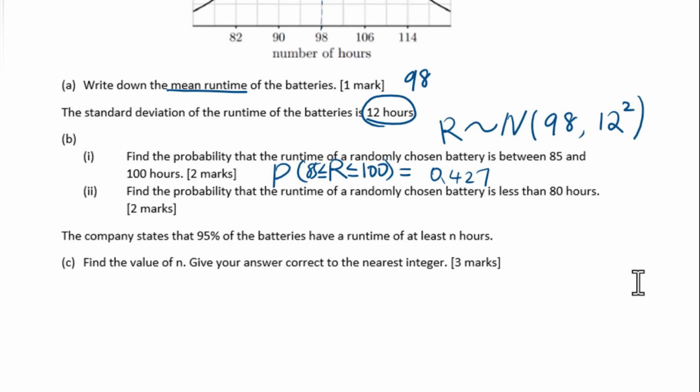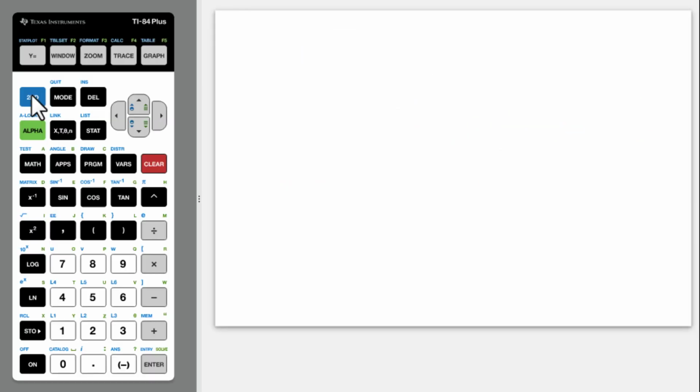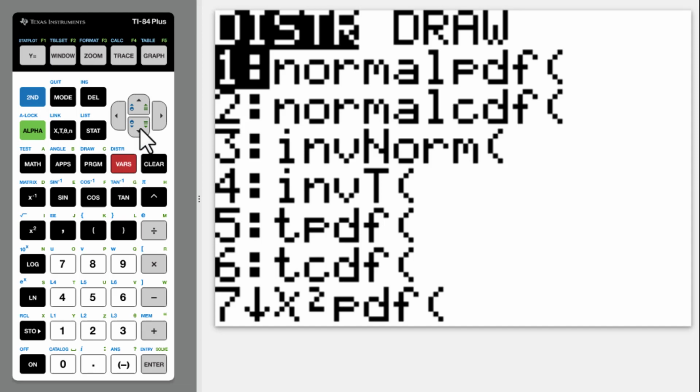Let's go to B2. Find the probability that the runtime of a randomly chosen battery is less than 80 hours. Probability of R less than 80 hours. We will use normal CDF.